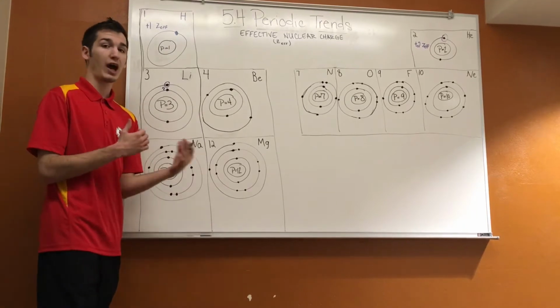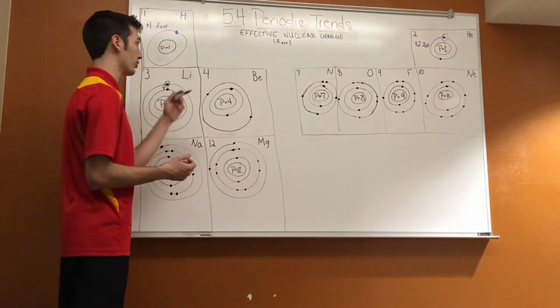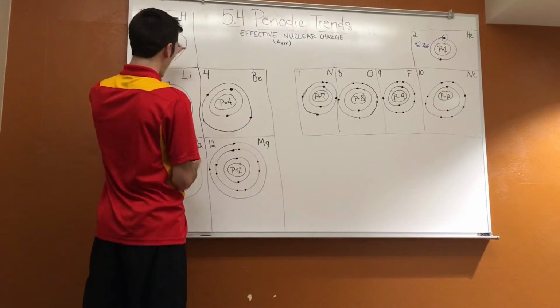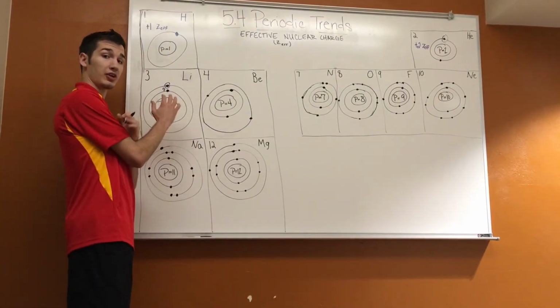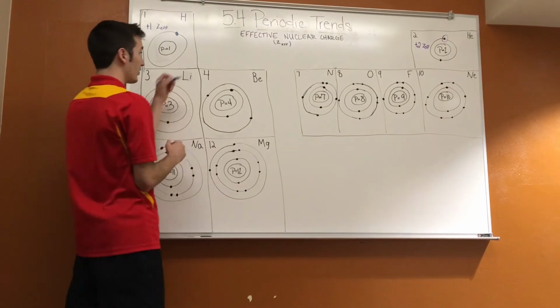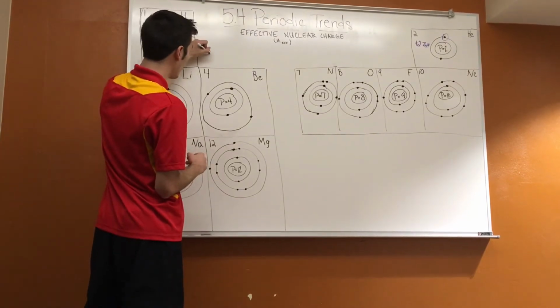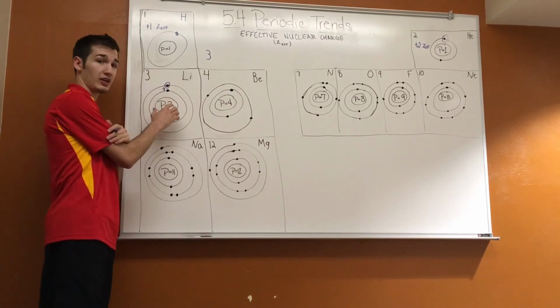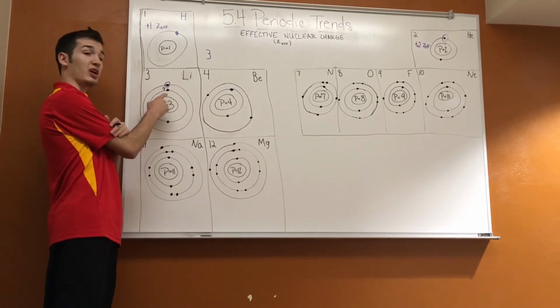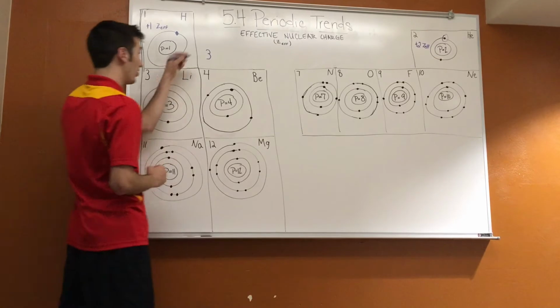So that sets up how we calculate effective nuclear charge. With lithium, how we calculate it is your positive charges on the inside, so your protons, so we have 3, minus your inner electrons on the inside energy levels. So it's going to be 3 minus 2.